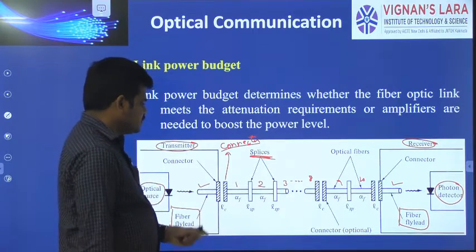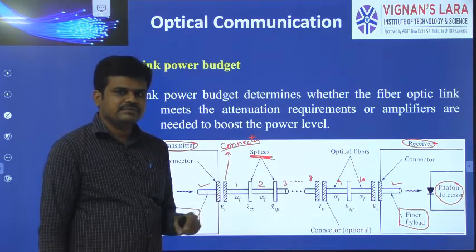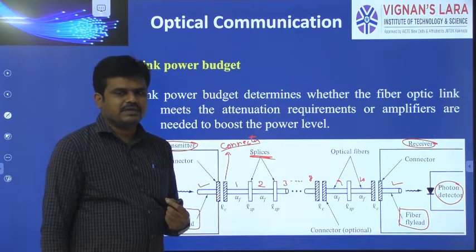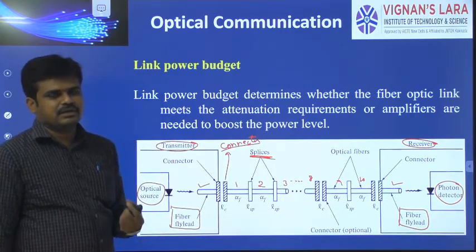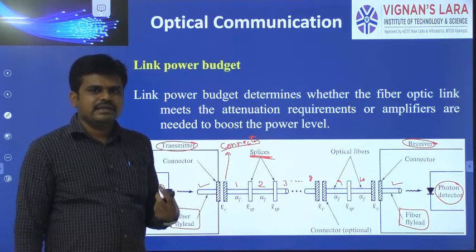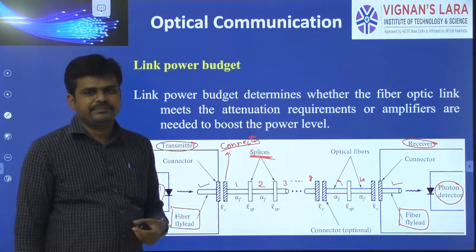If you observe here, we already studied in the previous sessions that every connector, when you connect an optical fiber with another optical fiber or with the source, has a certain amount of loss at that connecting point.